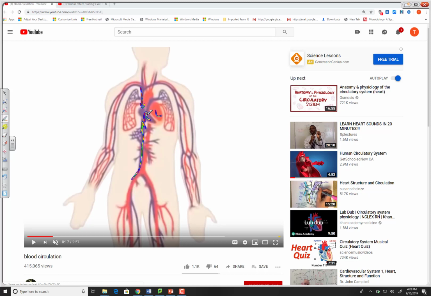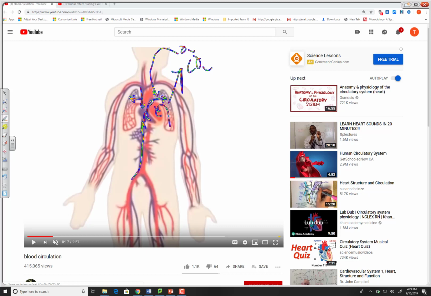And then the right side of the heart sends the blood to the lungs. And in the lungs, you get rid of carbon dioxide, you breathe it out, and you take on oxygen. Now that blood is newly oxygenated, and you can see the blue blood turns red, and all of that newly oxygenated blood comes back to the left heart.